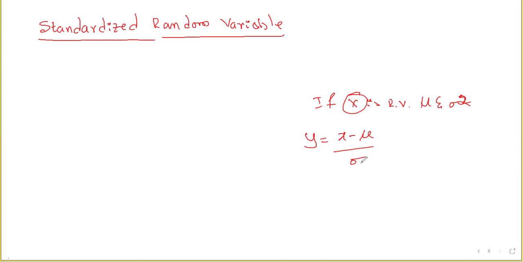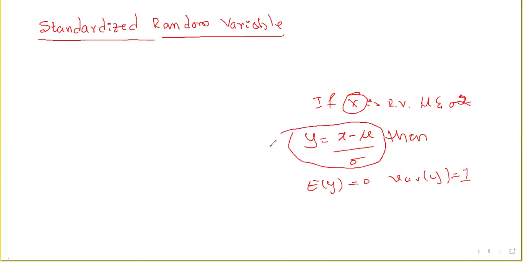Sigma is nothing but the standard deviation, and this mu is nothing but expected value of x, right? Then suppose we get expected value of y equal to 0 and variance of y equal to 1, then we say this y is a standardized variable, right?